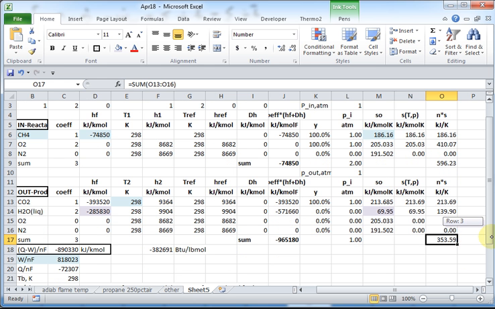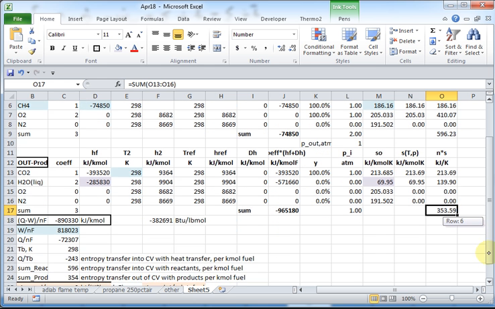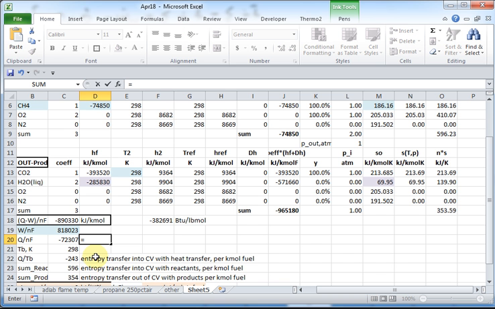Okay. At this point, I did it slightly differently, but we can definitely do it this way. Let me turn this around. What was our equation that we just developed for calculating Q dot divided by N dot F? Wasn't that equal to the sum of this one minus this one?